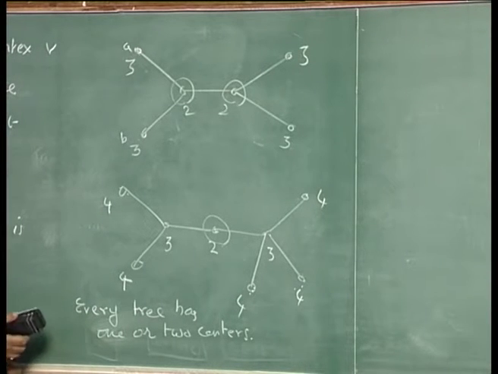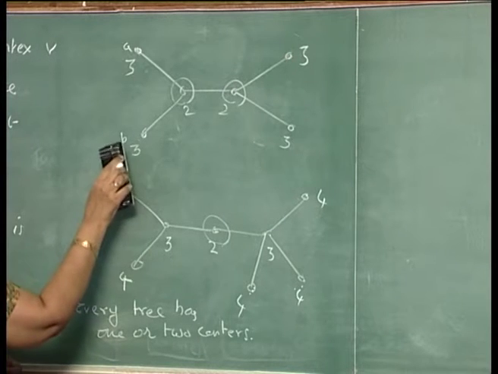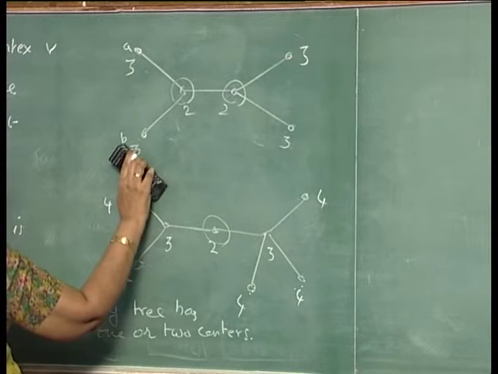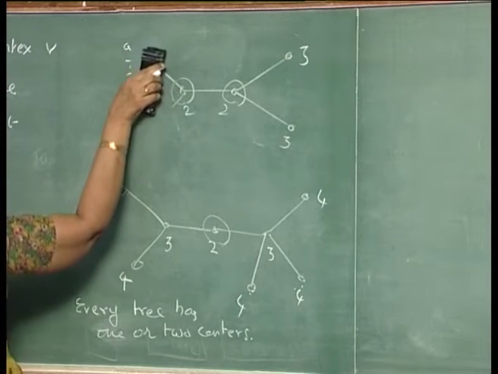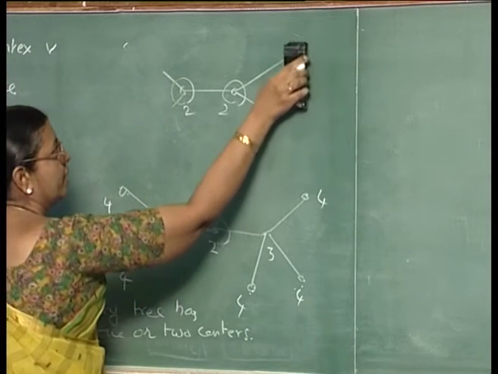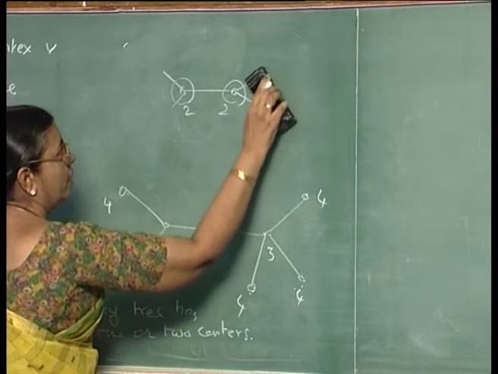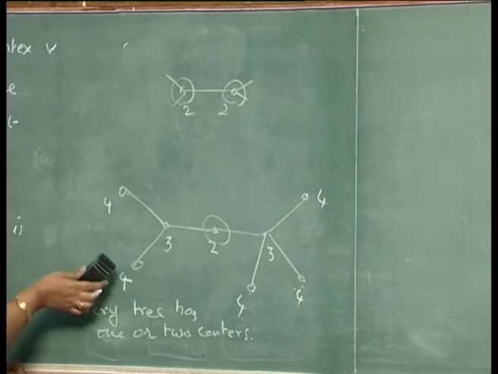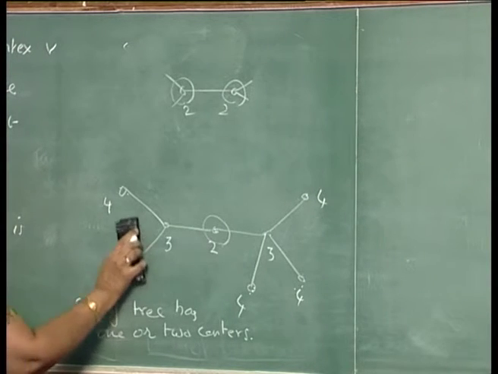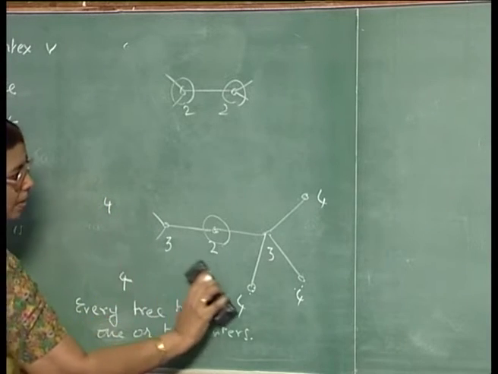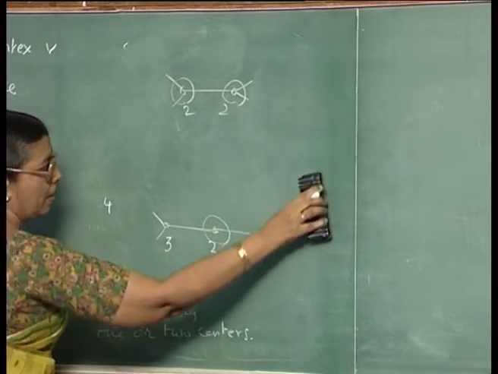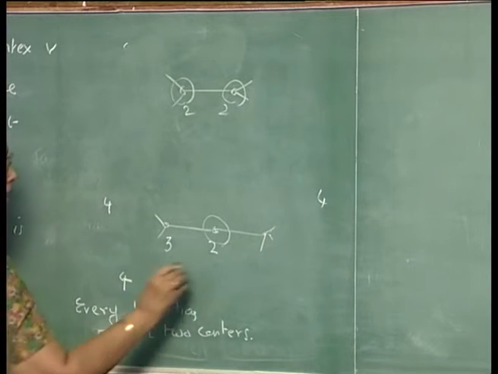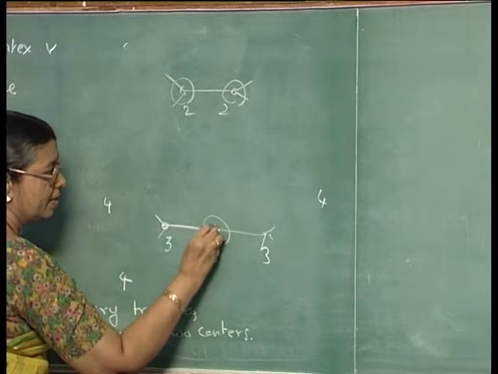How can you do that? You can just see that in this case, if you remove the pendant vertices, they will definitely have more eccentricity. You end up with an edge, and both these vertices have eccentricity 2 and they form the centers. Now, do the same thing here, remove the pendant vertices, then you end up with a graph like this.